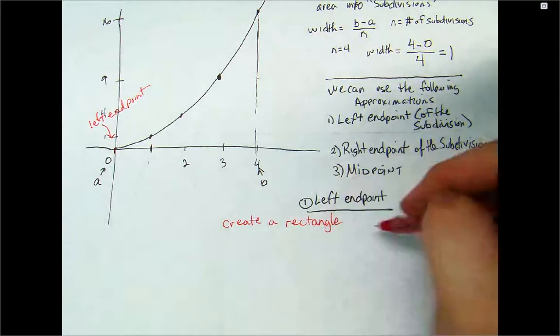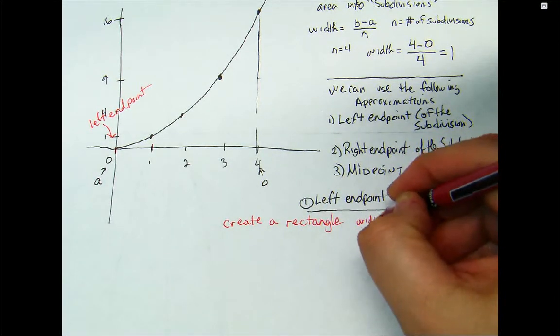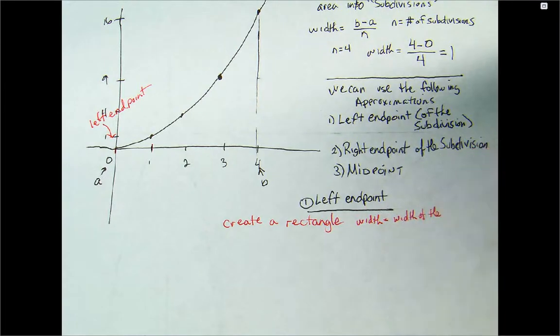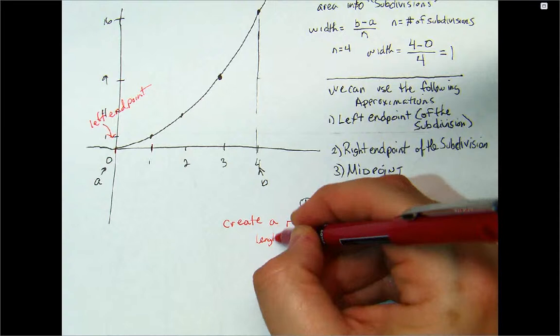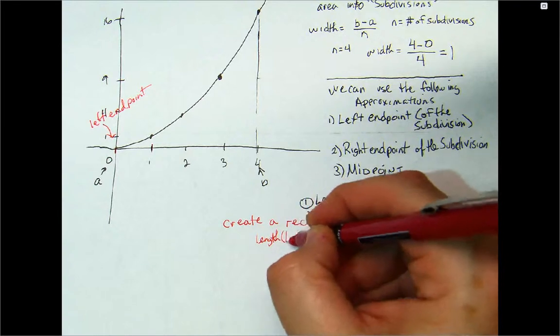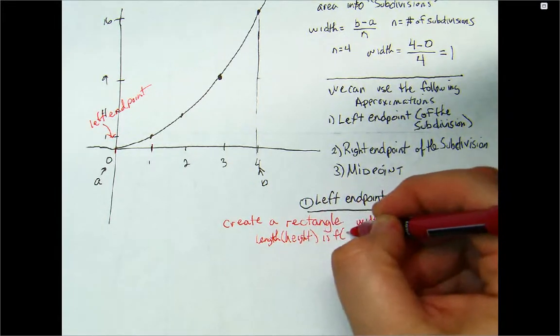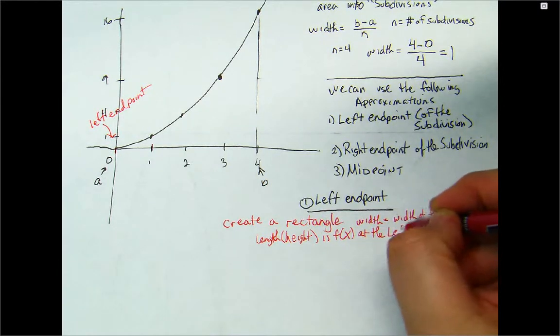Alright, so this rectangle, the width, is going to be equal to the width of the subdivision. The length, which you can think of as the height, is f of x at the left endpoint.